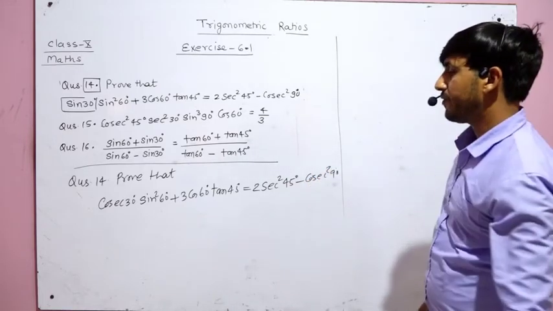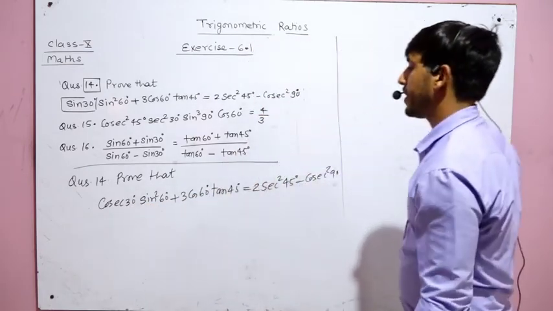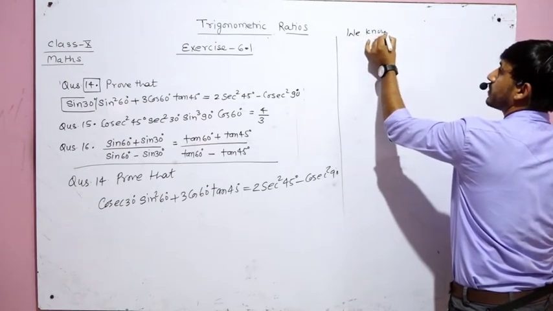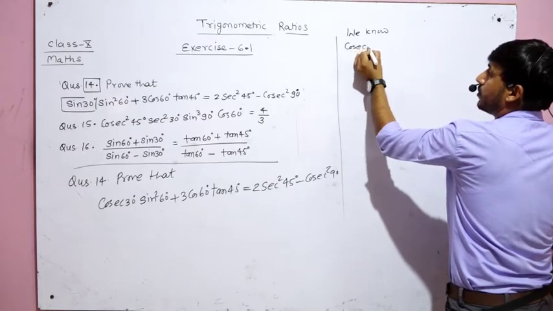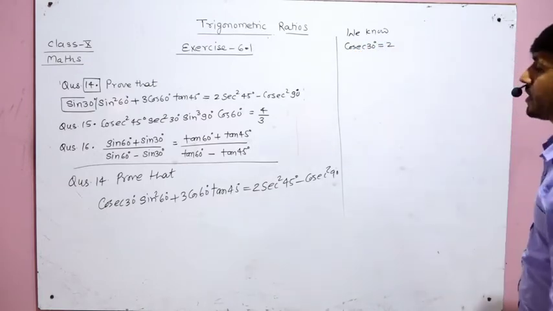First we will substitute all the values of trigonometric ratios from the table. As we know, cosec 30 is equal to 2, the reciprocal of sin 30.